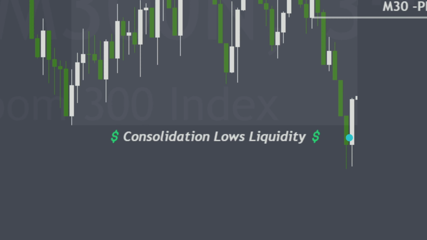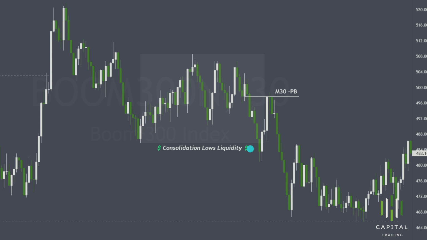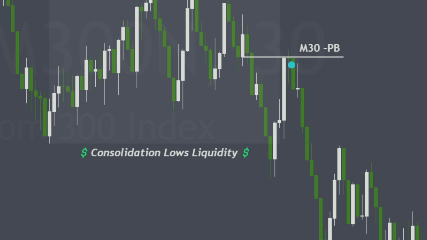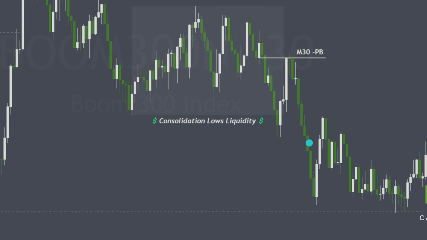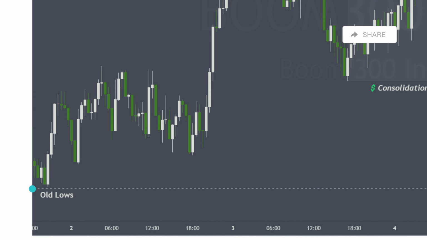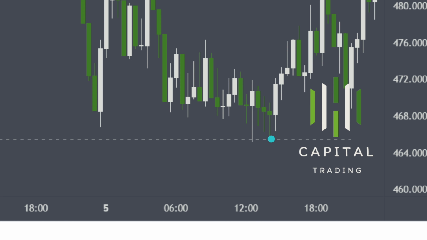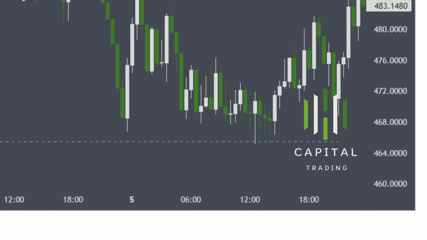So I wanted to disregard this here, but of course they did reach into that. But I wanted a deeper reach into this liquidity. So that's what happened. They did return into this propulsion block and dropped massively into the downside until they eventually reached this old low here with this candle low over here, right? So that's what happened.